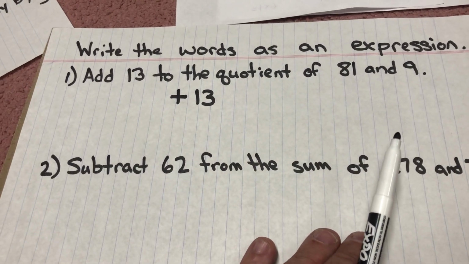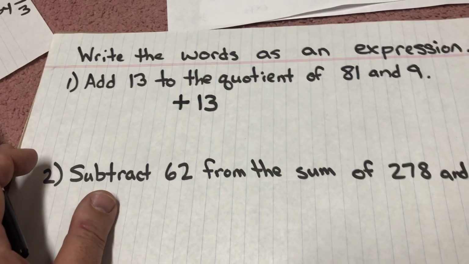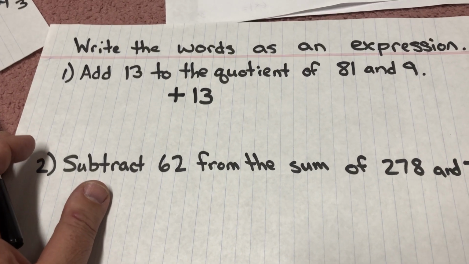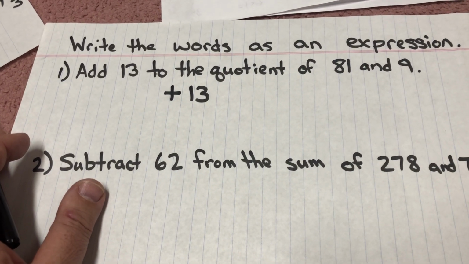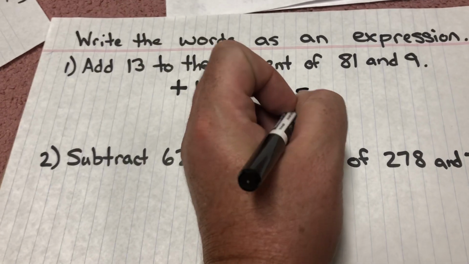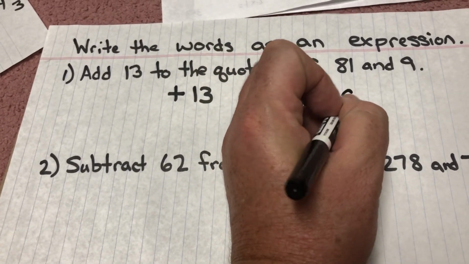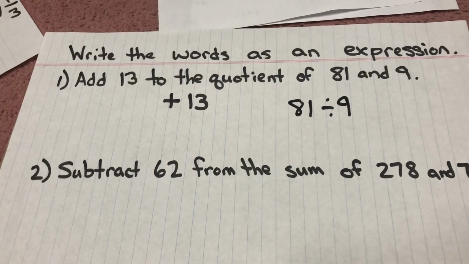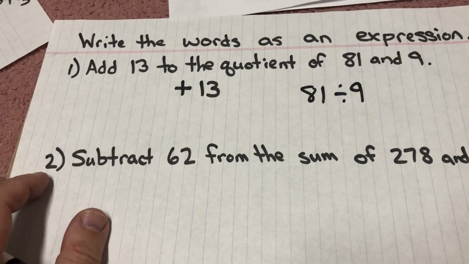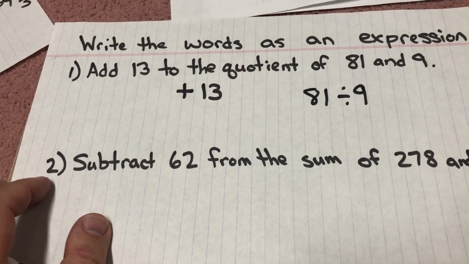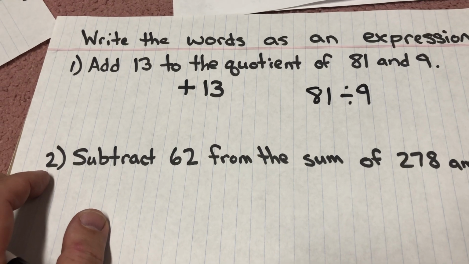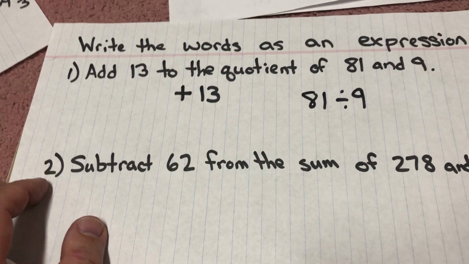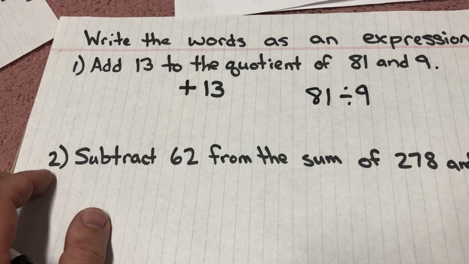Now, fifth grade, I'm going to be wanting you to get in the habit, okay? It's not necessarily wrong for you to write 81 divided by 9, but Mr. Swack is kind of thinking long term here. And long term, you're going to want to start to get into the habit of writing your division problems as fractions.